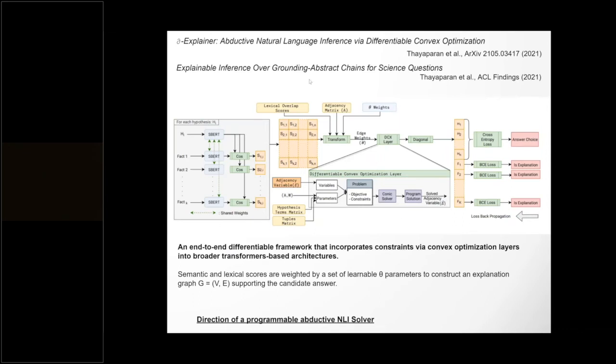So this is one of the architectures of one of our most recent works, the Diff Explainer, which essentially encodes this multi-hop abstraction over what we call sentence embeddings. So some of you in natural language may have already experimented with Sentence-BERT and this type of transformer-based representations. So how do you encode explanatory constraints over knowledge bases of sentence embeddings, right? And how do you do that at scale? So that's the type of problem that we are looking at.